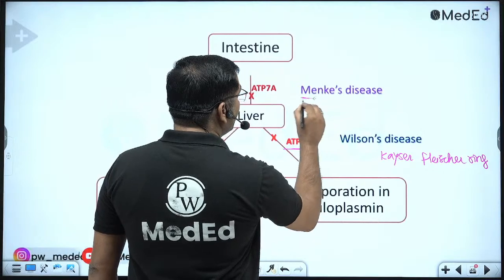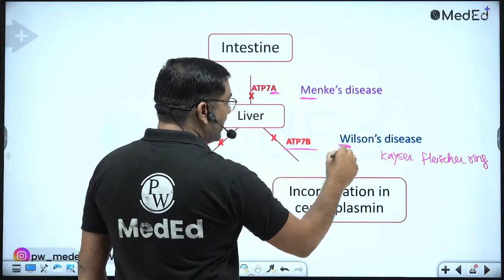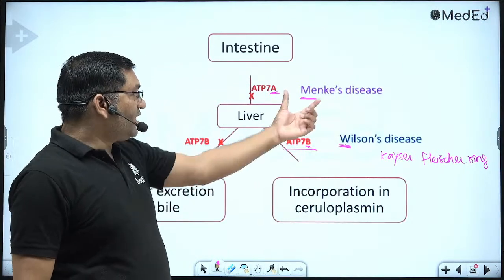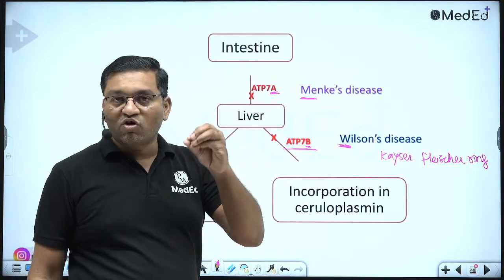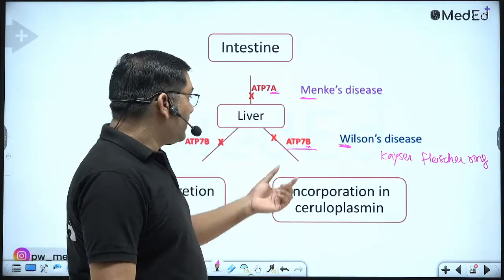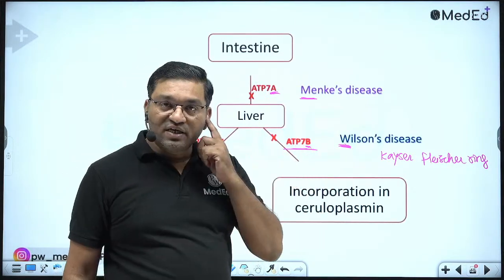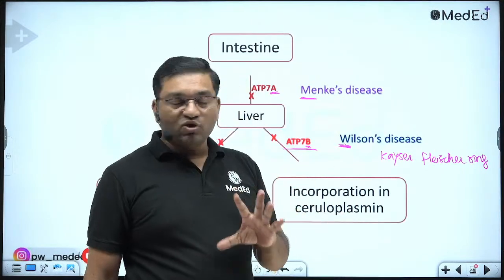Remember, M comes first, so it is A, and W comes after the M, so it is B. ATP7A, 7B. In Menkes disease, there is mutation in ATP7A which is required for absorption of copper from the intestine, while Wilson's disease is due to defect in ATP7B. It is required for excretion of copper and incorporation of copper into the ceruloplasmin.